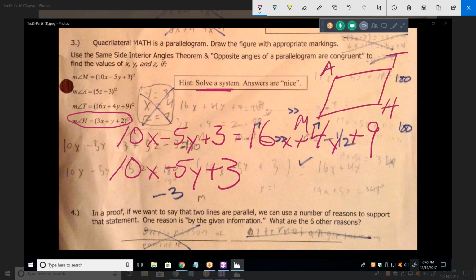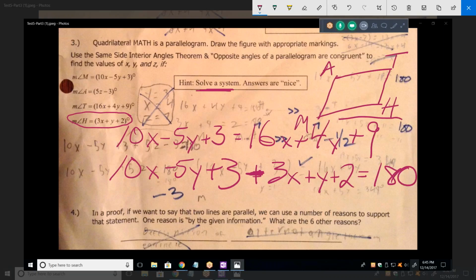In other words, if a is equal to h, then h and m are supplementary. So m plus h, which is 3x plus y plus 2, equals 180.